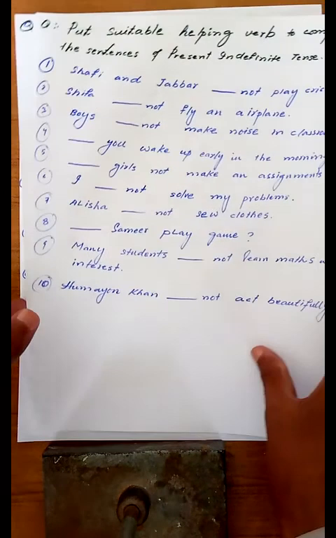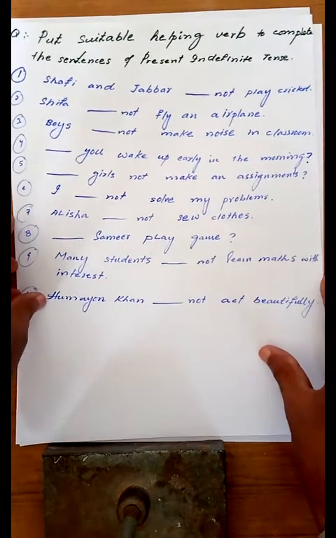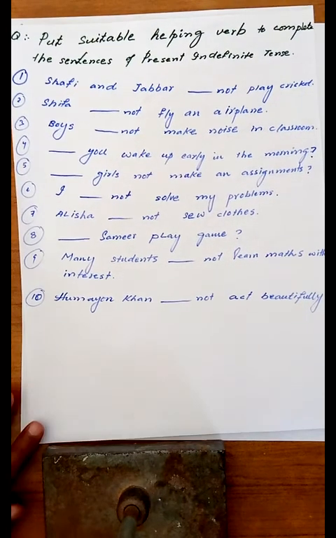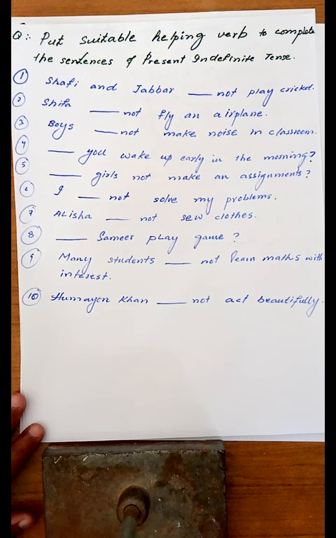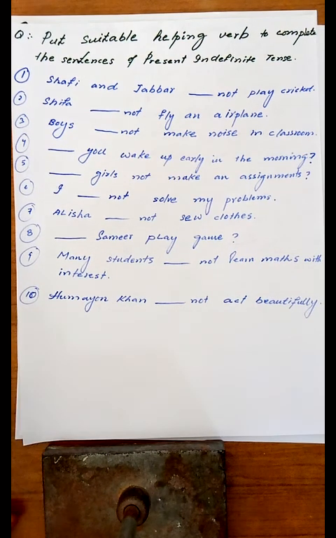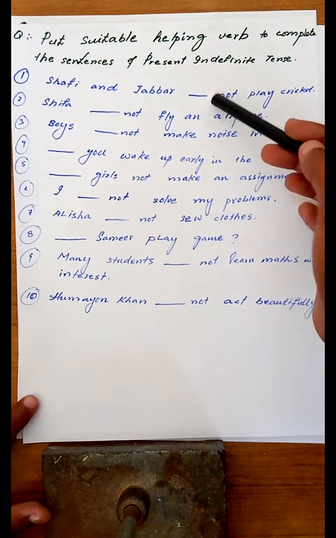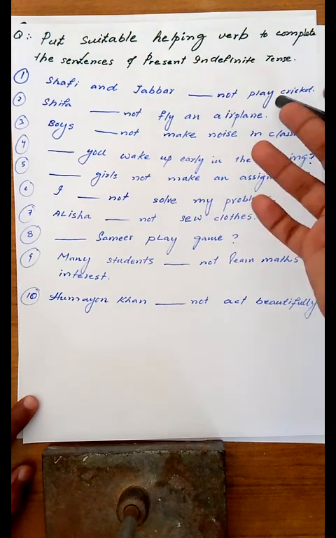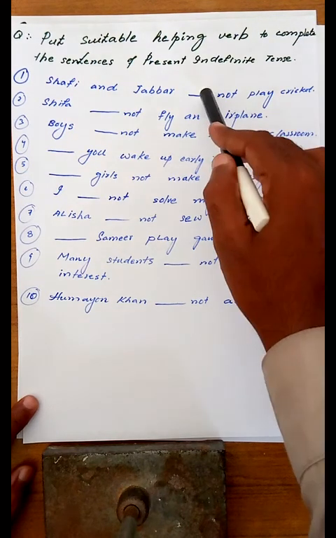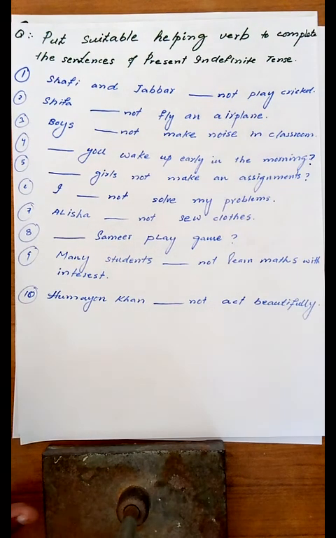For you, number 1 homework is put suitable helping verb to complete the sentences of present indefinite tense. As I told you, there are just only 2 helping verbs of present simple or present indefinite, do and does. If you find do suitable in first sentence, put do. If you find does suitable in first sentence, put does.